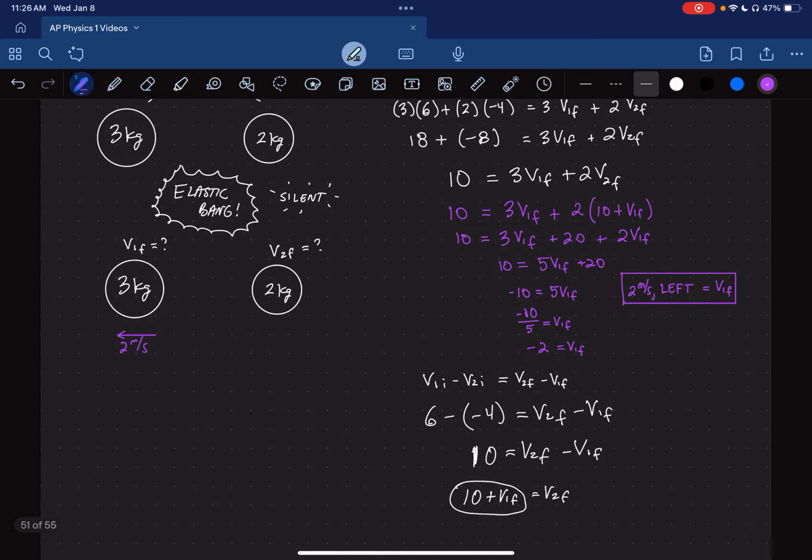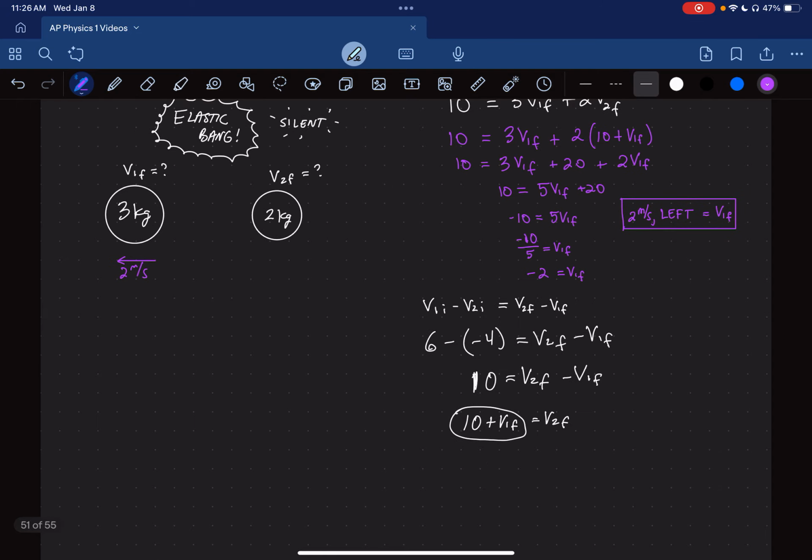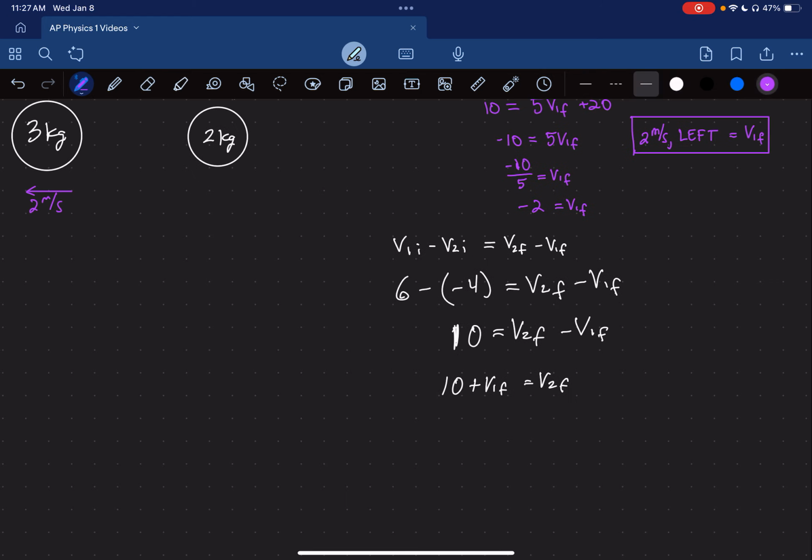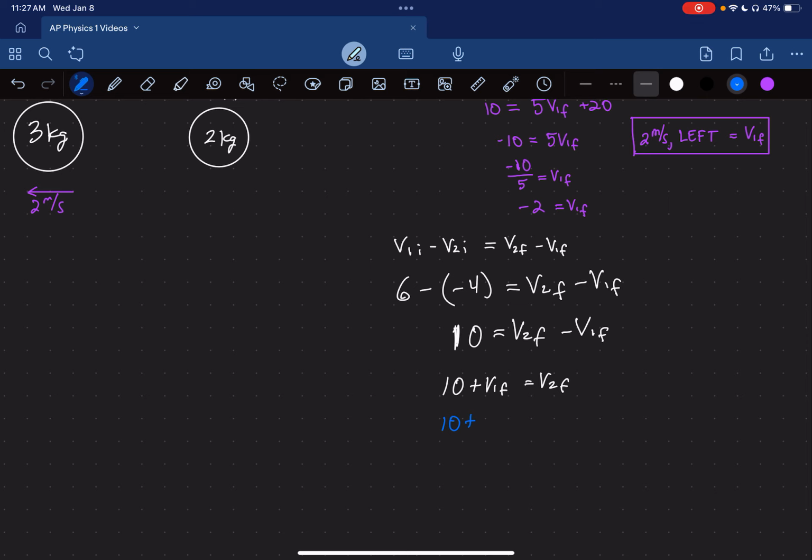Let's figure out what V2F is. And so we can just take this number and we can bring it up into this relationship here. And so we have 10 plus V1F. Now we have V1F. And so my question to you real quickly here is, do we put positive 2 or do we put negative 2 into this equation? And of course, the answer is negative 2.